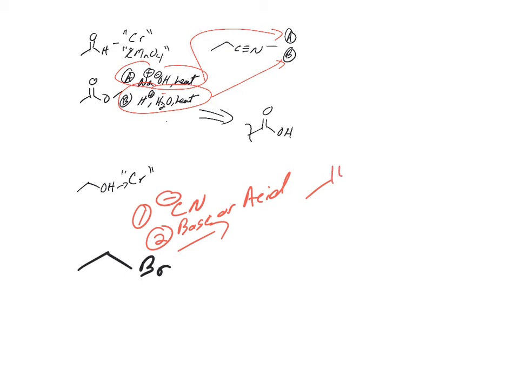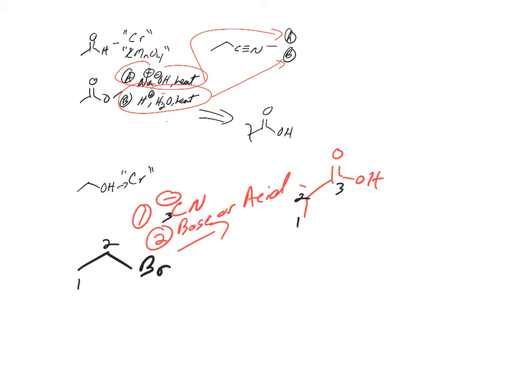So we can turn a bromine, use cyanide, CN minus, just like up here, do an SN2, and then turn that nitrile into a carboxylic acid using base or acid. That's one way to add a 1 carbon piece and turn it into a carboxylic acid.